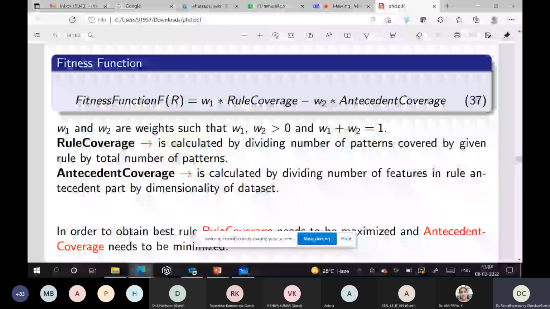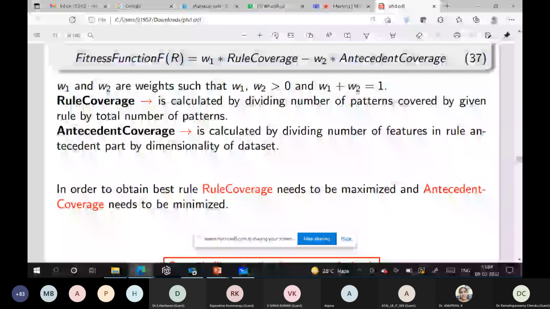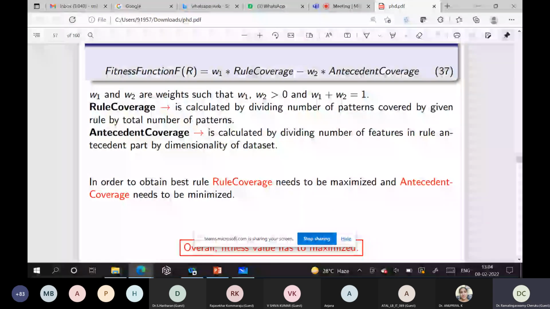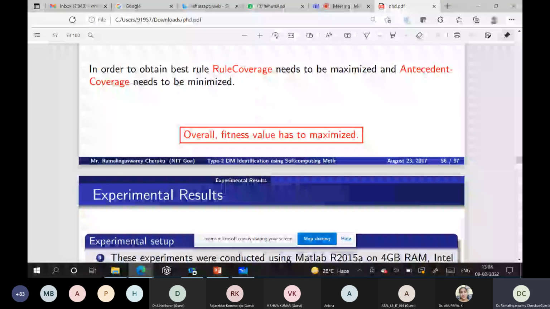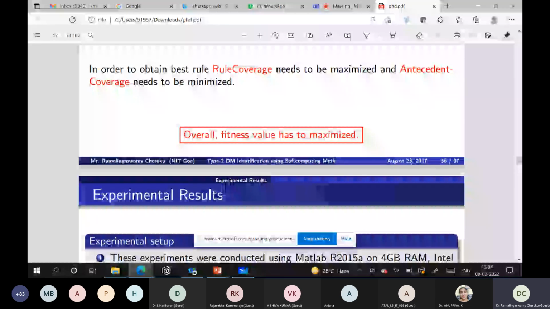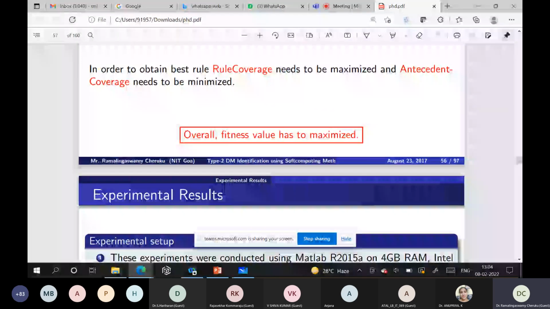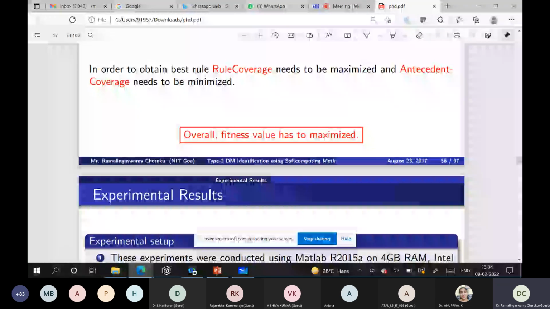But overall, the fitness function has to be maximized. The encoding which has the maximum fitness value will be treated as the best fuzzy rule for your problem.